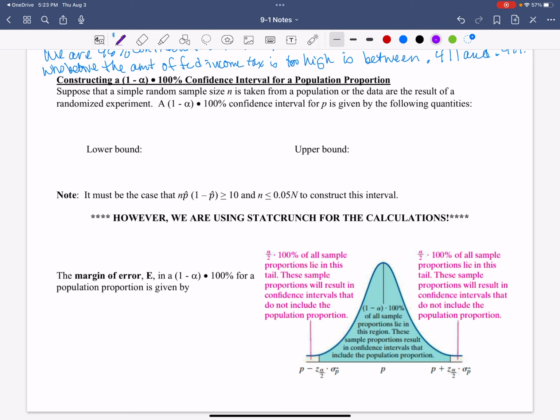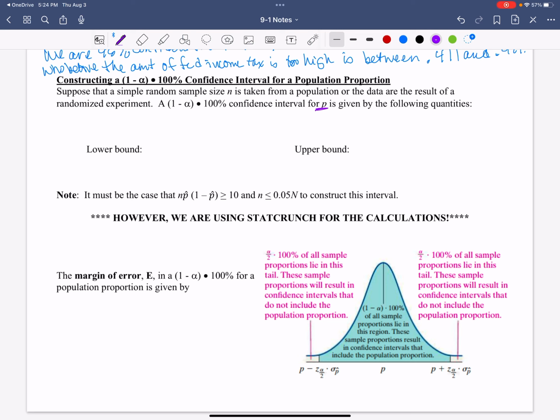Suppose that a simple random sample of size n is taken from a population, or data that result from a randomized experiment. A confidence interval for p is given by the following quantities here, all right? So p, remember, that's my population. However, we are looking at our sample.